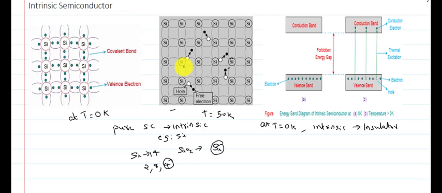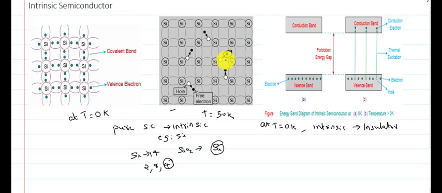These are the free electrons after the temperature is increased. Now a new concept comes, known as a hole. The vacancy created when an electron becomes free is known as a hole.